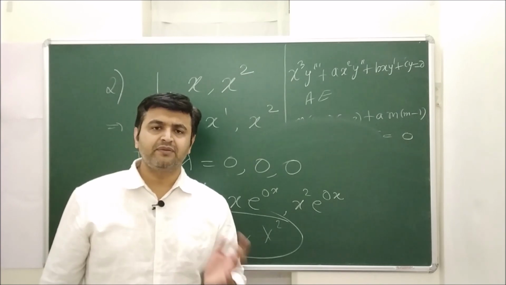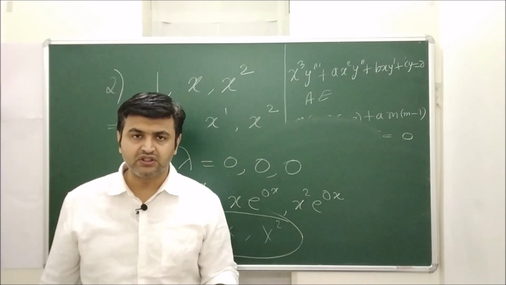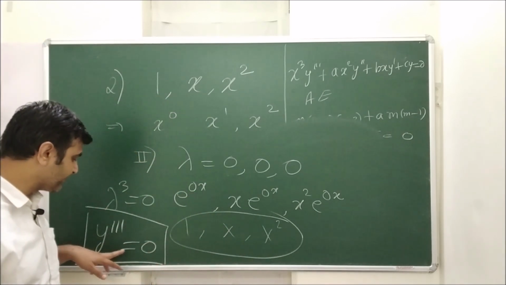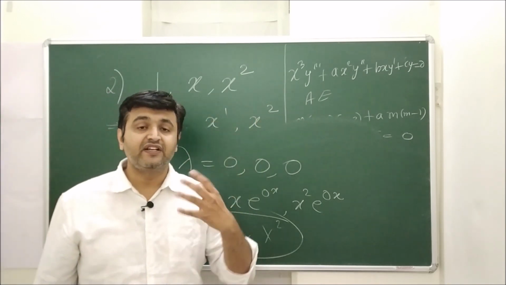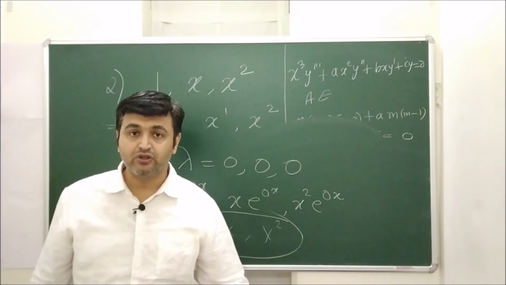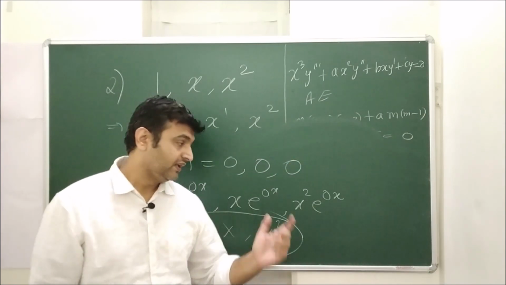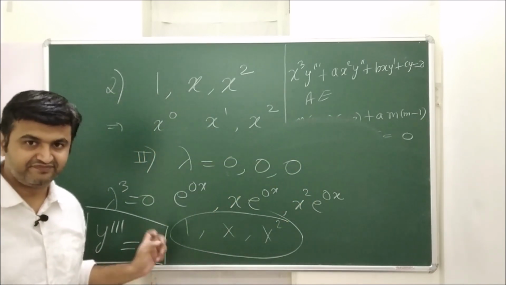If in the question they mention for this set of functions find the differential equation with constant coefficients, in that case you will go this way, and the answer is y triple prime equal to 0. If they say for this set of functions find the second order Euler-Cauchy, you go by this way. If they don't mention anything, then you will write both cases, both the differential equations.